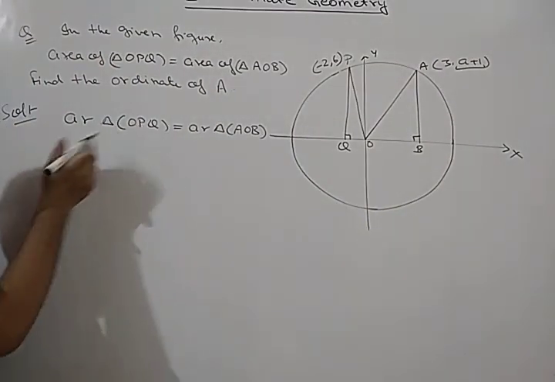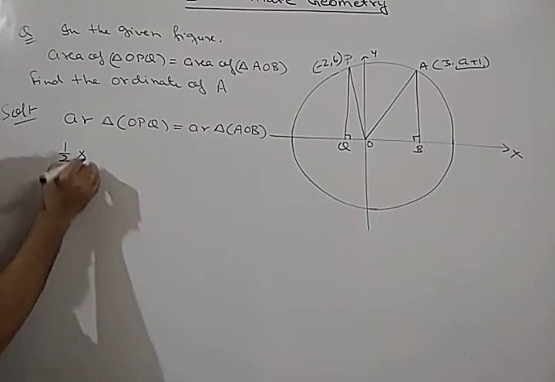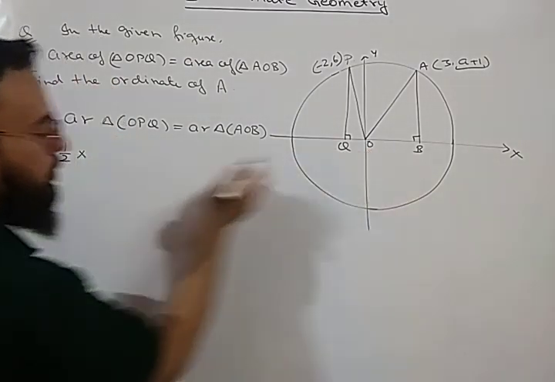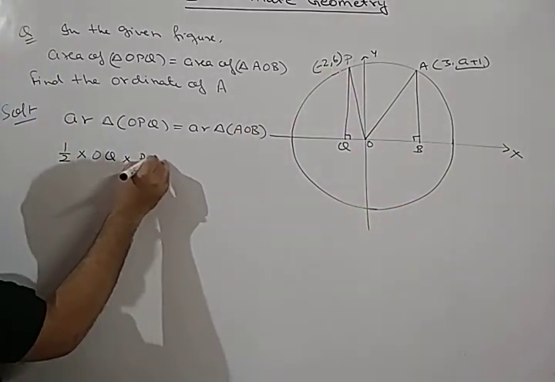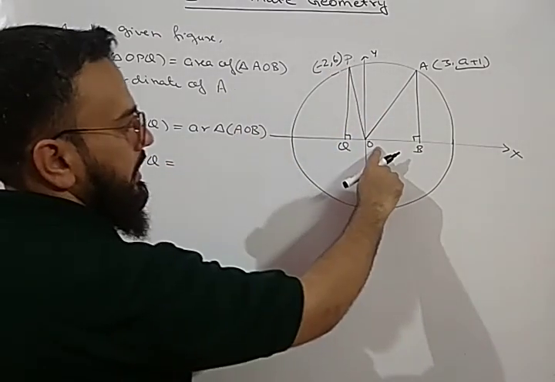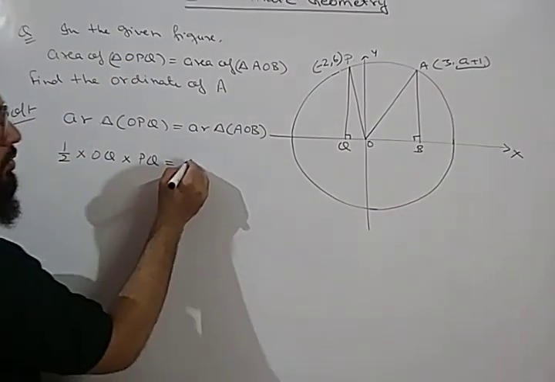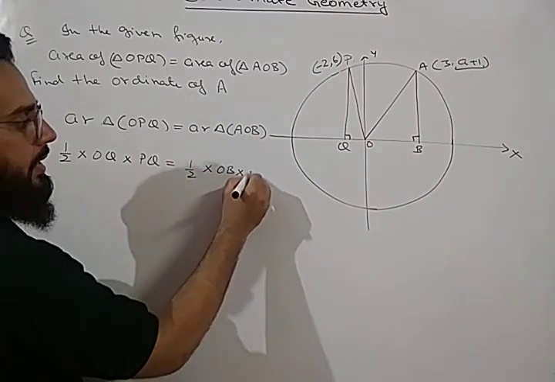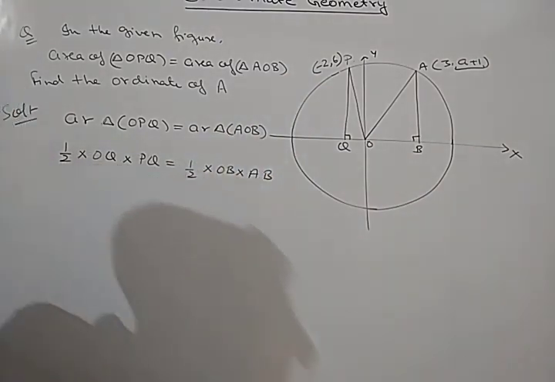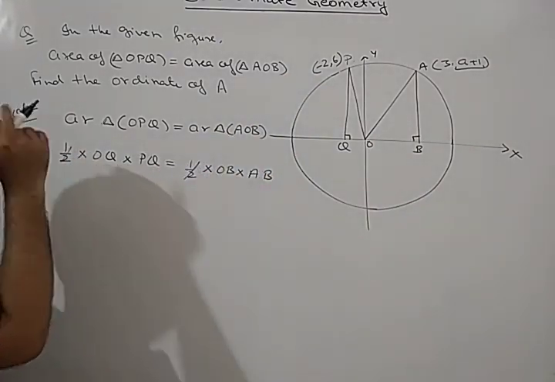So what will be the area of triangle OPQ? It will be half into the base is OQ, and height is PQ, is equal to, in triangle AOB, the base is OB. So it will be half into OB, and height is AB. Okay, so this half will be cancelled out first.